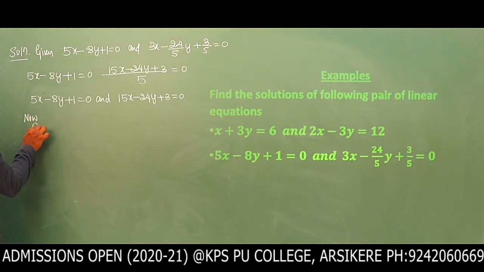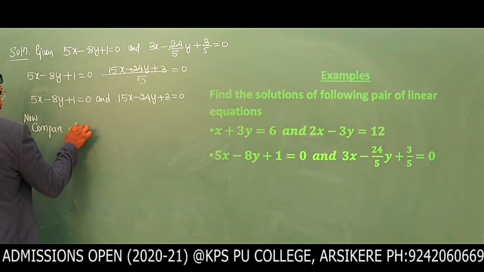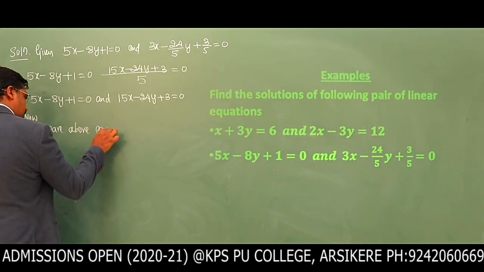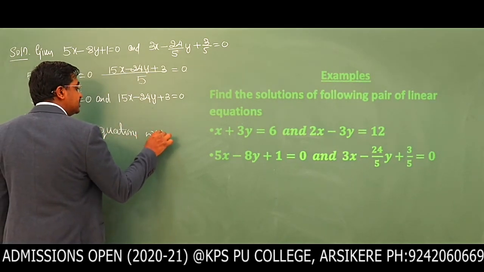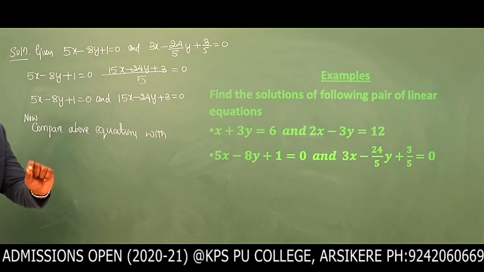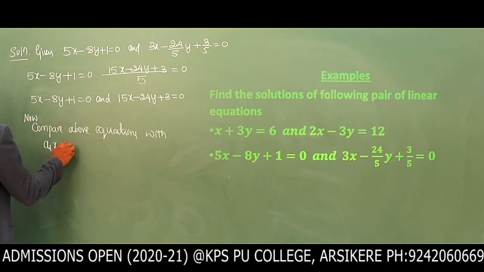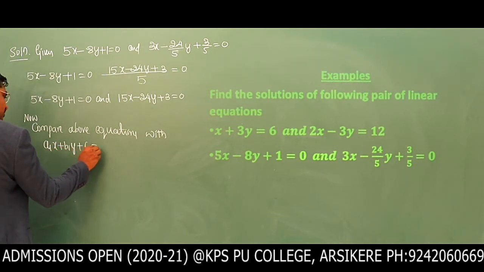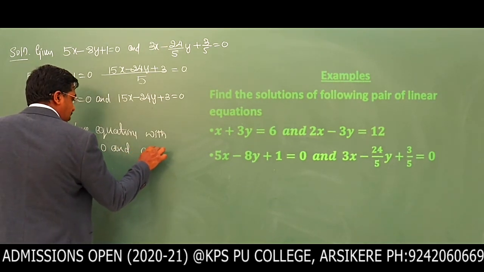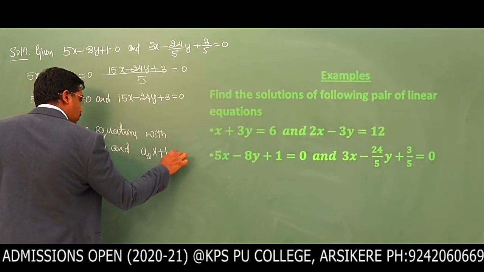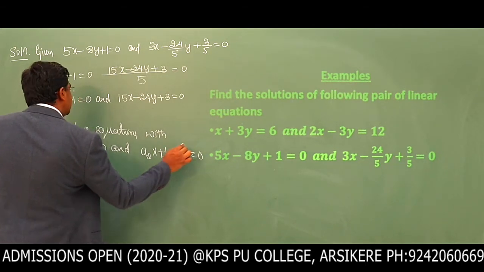Now compare the above equations with the general form. The general form is a1x plus b1y plus c1 is equal to 0 and a2x plus b2y plus c2 is equal to 0.